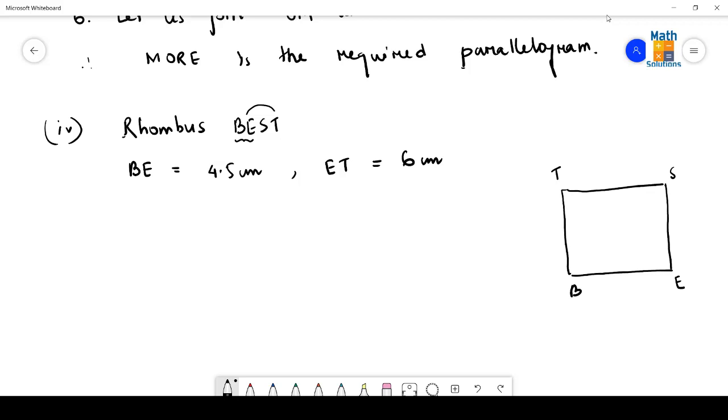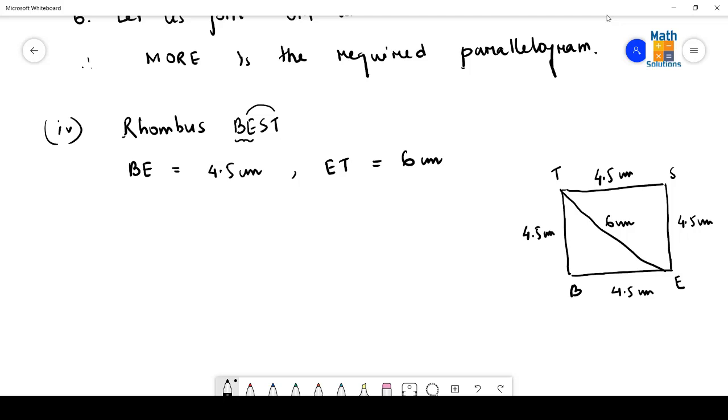After this I have to draw ET like this. These opposite vertices should be joined. So this is of length 6 centimeter and the side lengths are 4.5 cm. Here also it is 4.5 cm. Then here also it is 4.5 cm. Then again it is 4.5 cm.